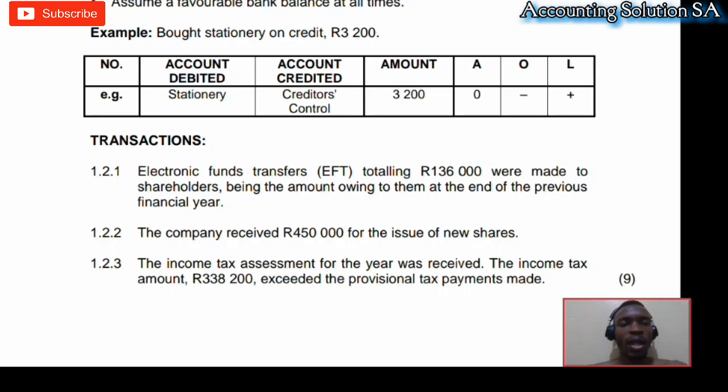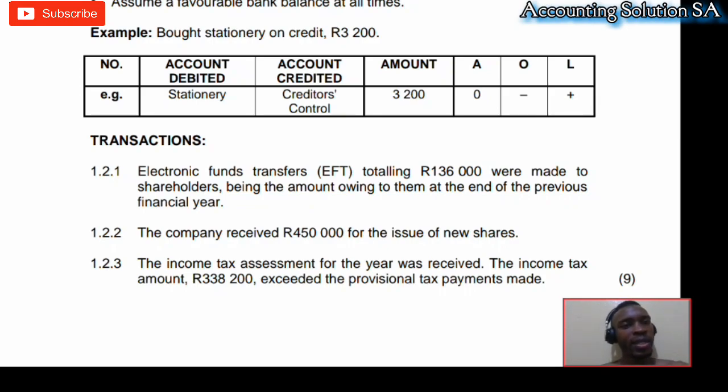Okay, let's check number 2.1 and do the example. They said the electronic fund transfer, that is EFT, totaling 136 was made to shareholders, being the amount owing to them at the end of the previous financial year. We have to pick two components, guys. The first component, of course, will be the bank. Why bank?